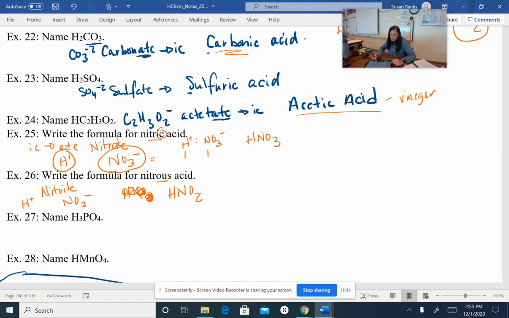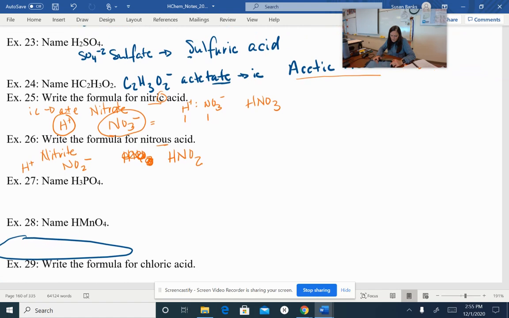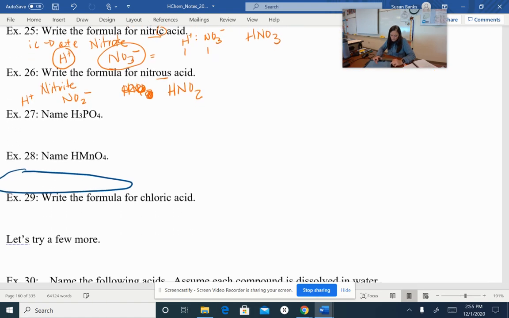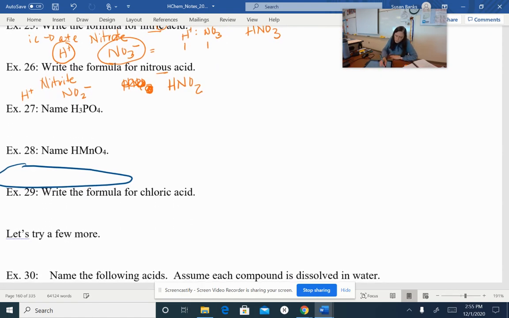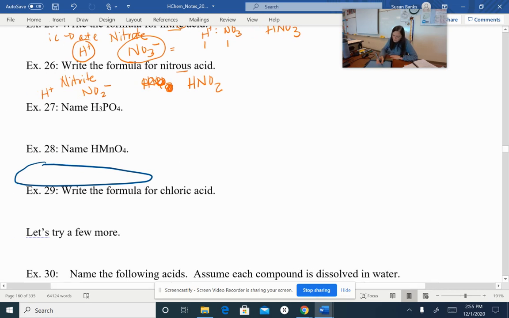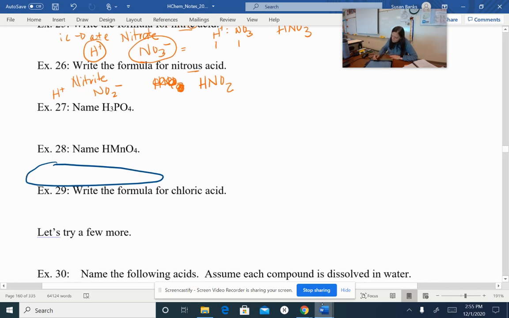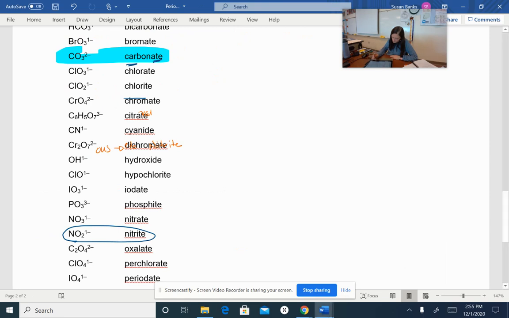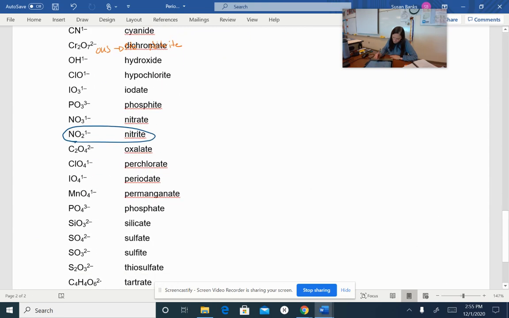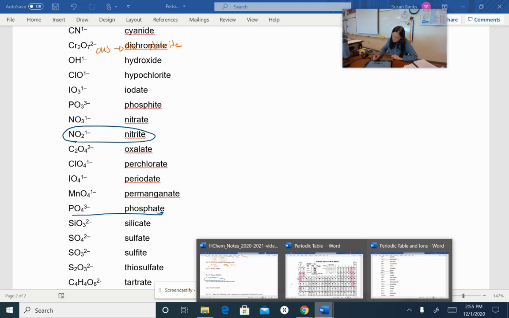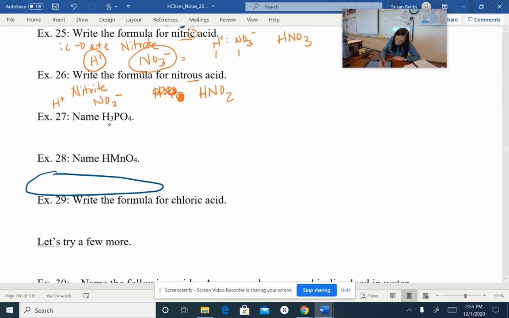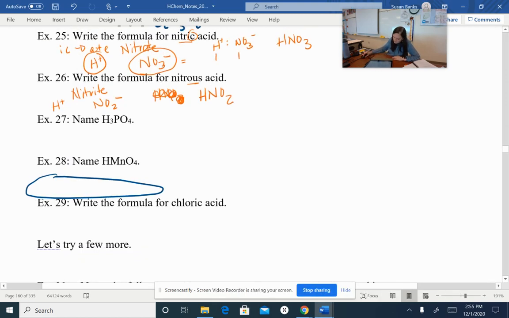Okay? So let's look at H3PO4. PO4 is our polyatomic here. PO4 is phosphate. Ates turn to ic, so phosphoric.